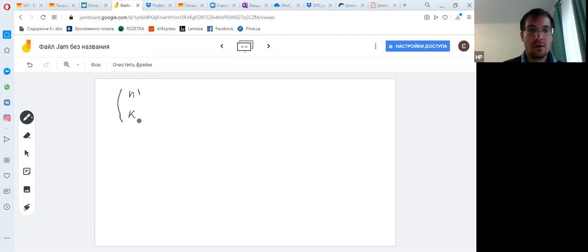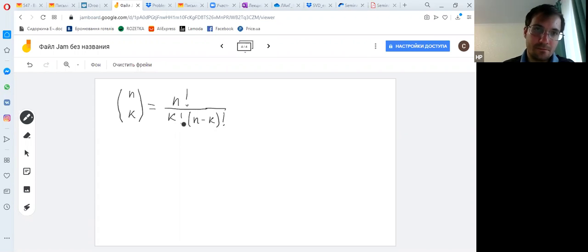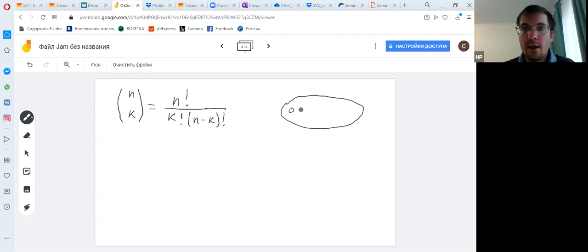We have such a definition. This is the number which we call n factorial divided by k factorial multiplied by n minus k factorial. This is the number of possibilities to choose from n elements some k elements.